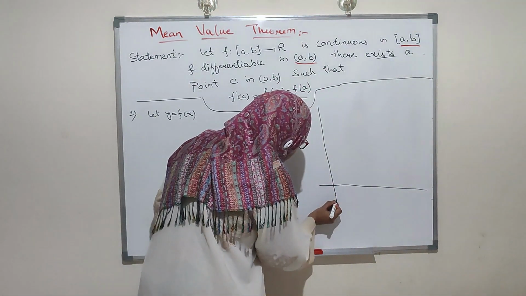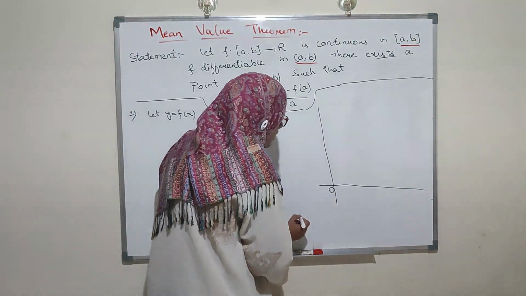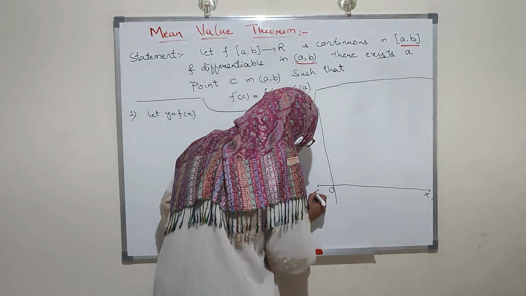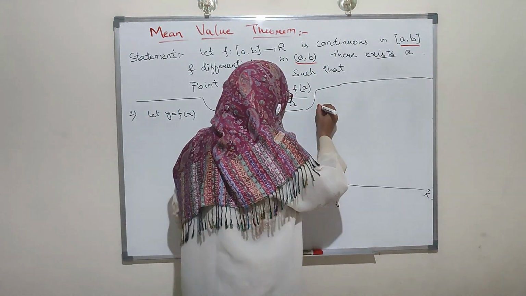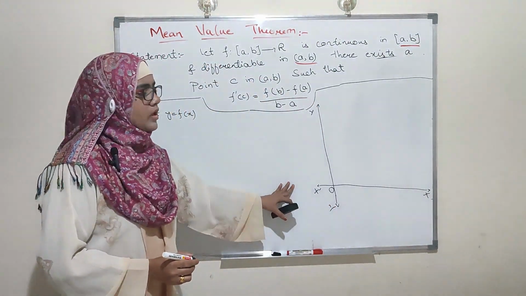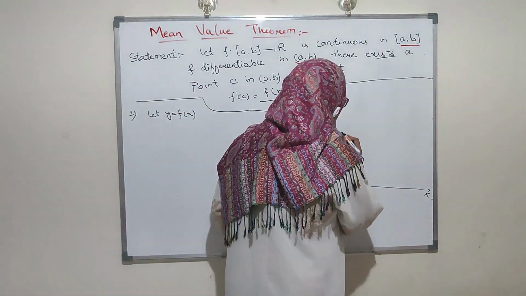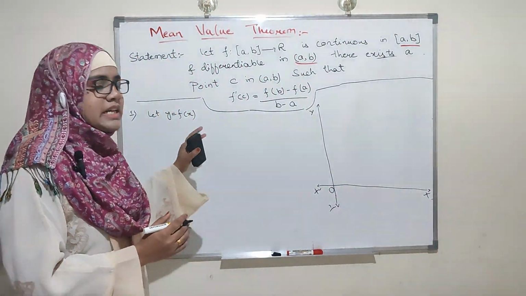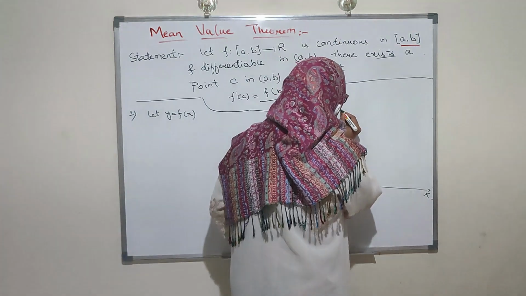So this is the point O, the origin. This is the x-axis, y-axis, x dash axis, y dash axis. Now we are taking the graph of y is equal to f of x, which is a parabolic form.